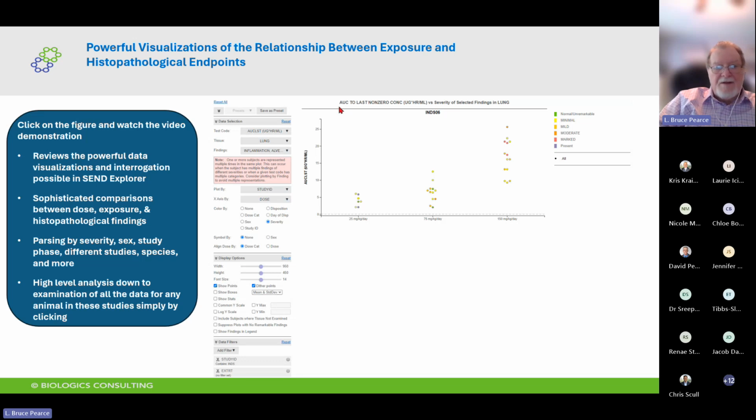And we click on that 1 female, and it pulls up a table. And the check marks identify the animal in that table. And if we click on the link in the table for that animal, it takes us to a summary of all the data for that particular individual animal, including the clinical chemistry, the clinical observations, and the histopathology.